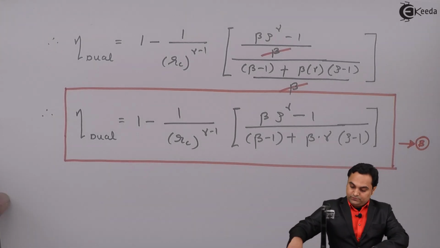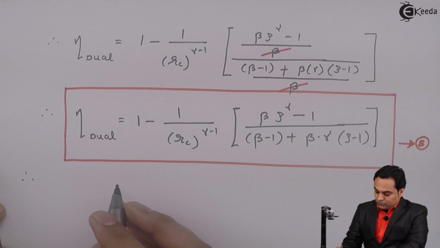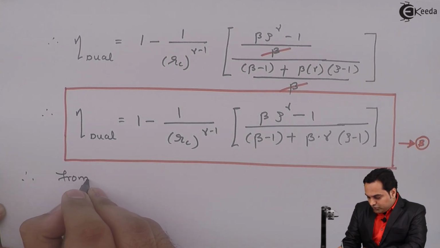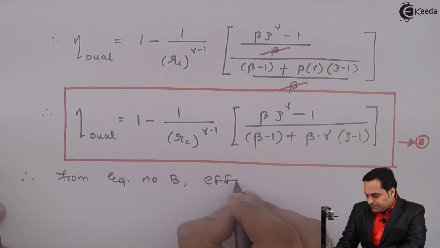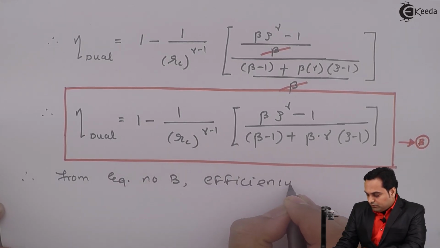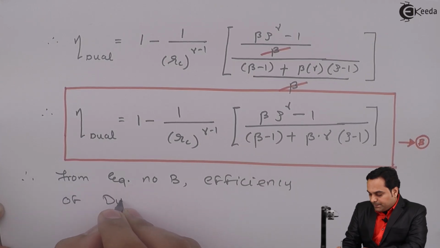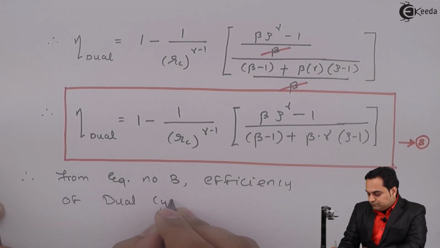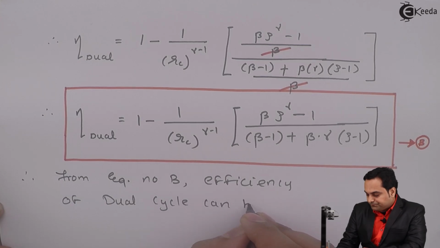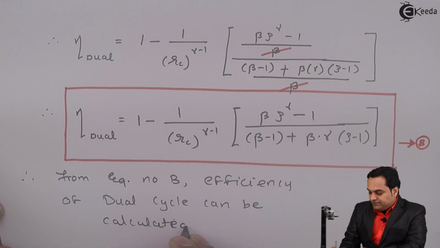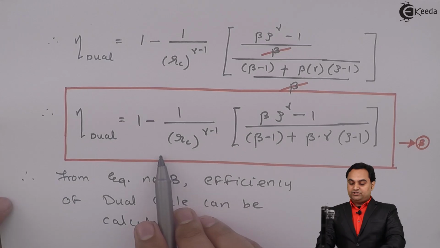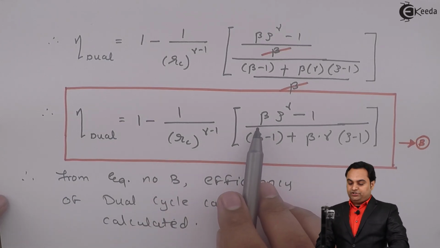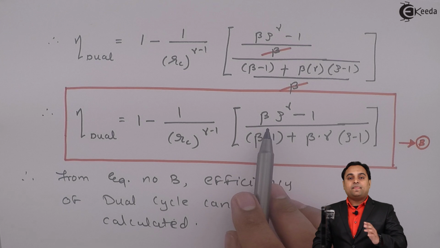Therefore, from equation number B, the efficiency of the dual cycle can be calculated, and we see that in this we have Rc called the compression ratio, beta called the pressure ratio, and rho called the fuel cutoff ratio.